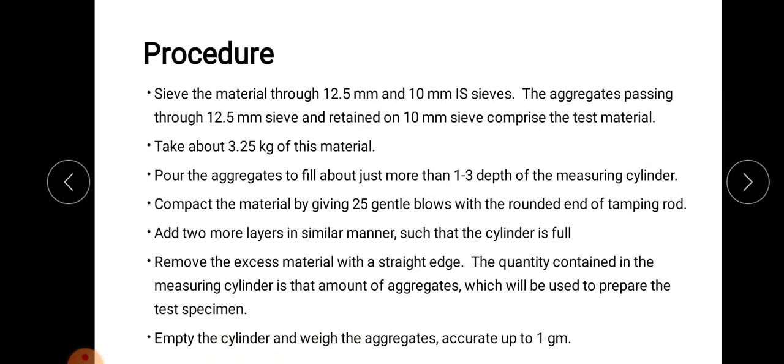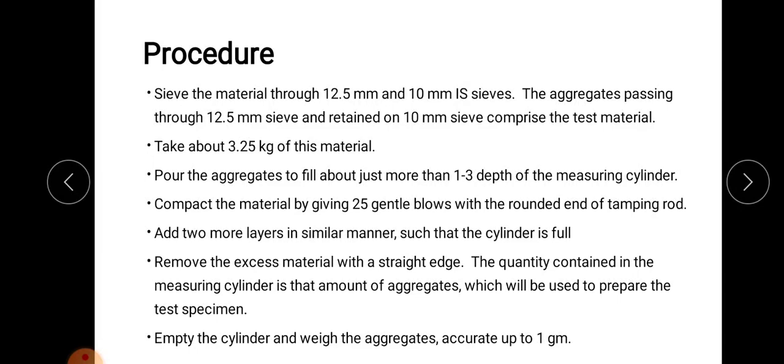Okay, so we take aggregate between the 12.5 mm and 10 mm sieve, about 3 or 3.25 kg of this material, and this aggregate is poured in the mold in 3 layers, and each of these layers has to be given 25 blows using the tamping rod.